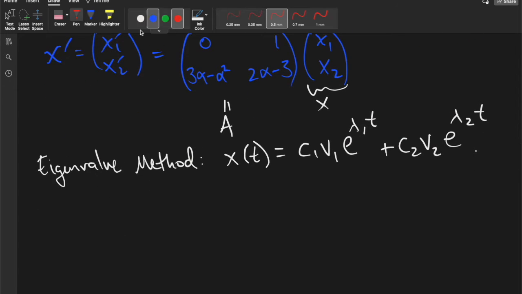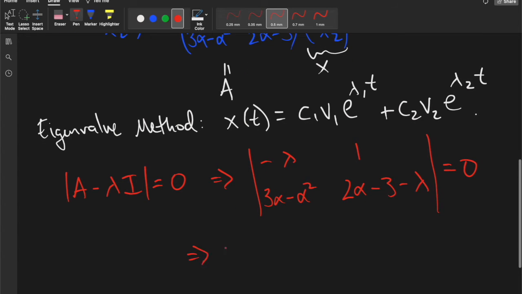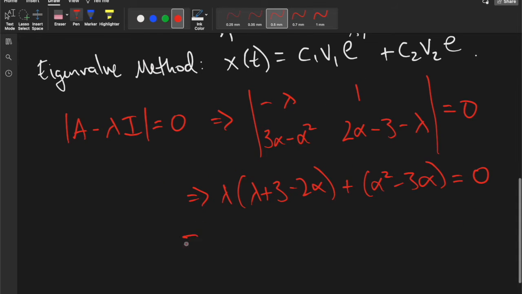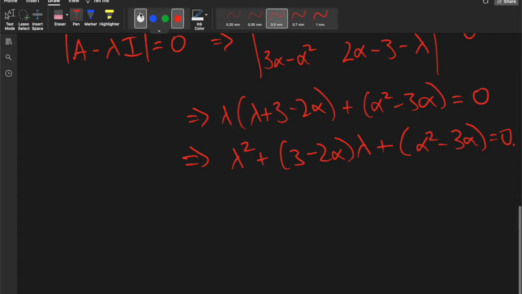So now to solve for eigenvectors and eigenvalues, what we want to do is solve... and rewriting this, we get... which we can write in quadratic form like so. Solving this using the quadratic formula, we can find our two eigenvalues.